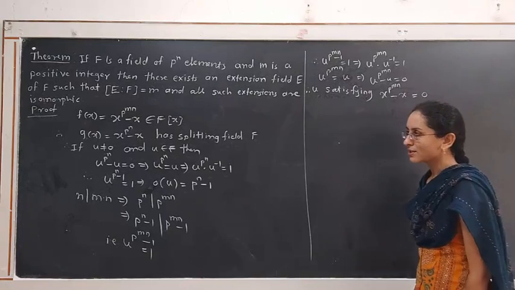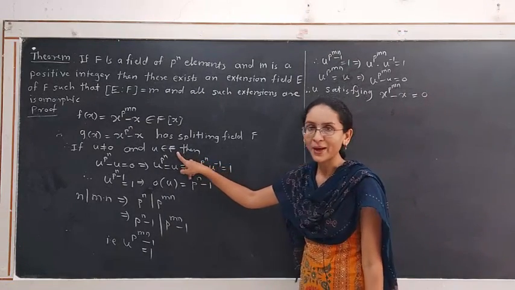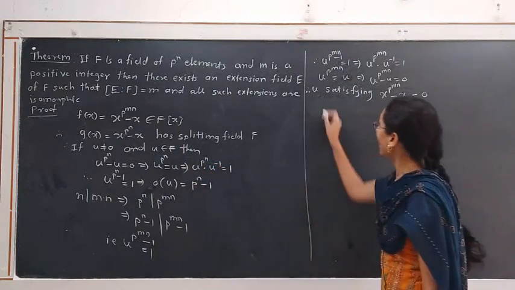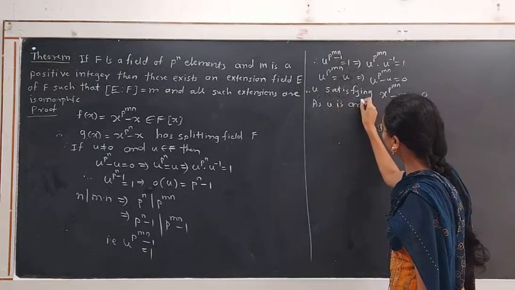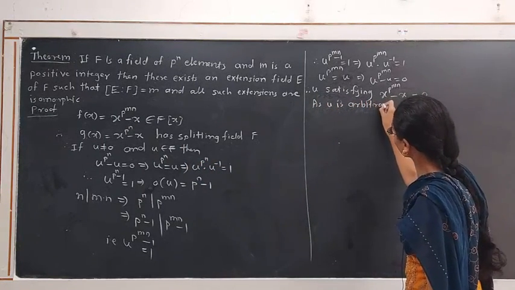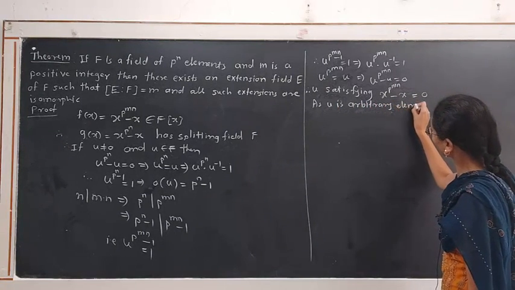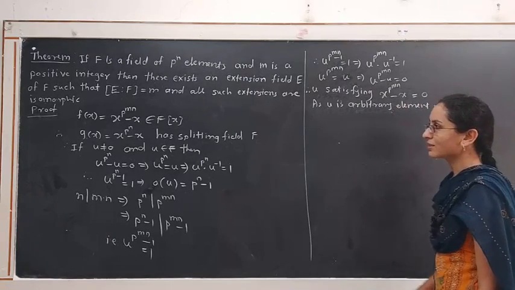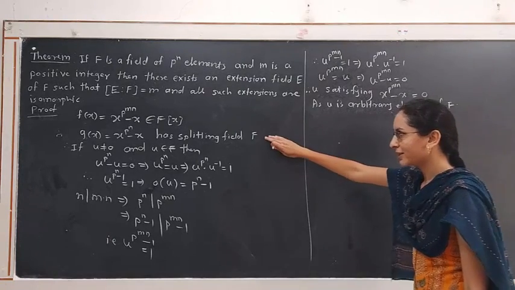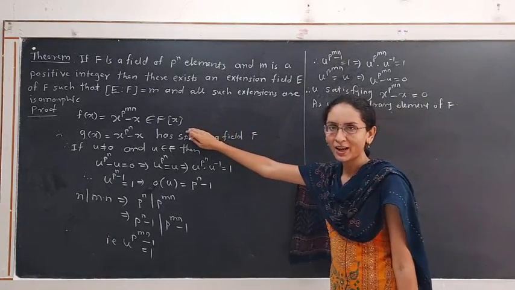Since u is an arbitrary element of the finite field F, we can consider all the elements of the field F as roots of the polynomial f(x).